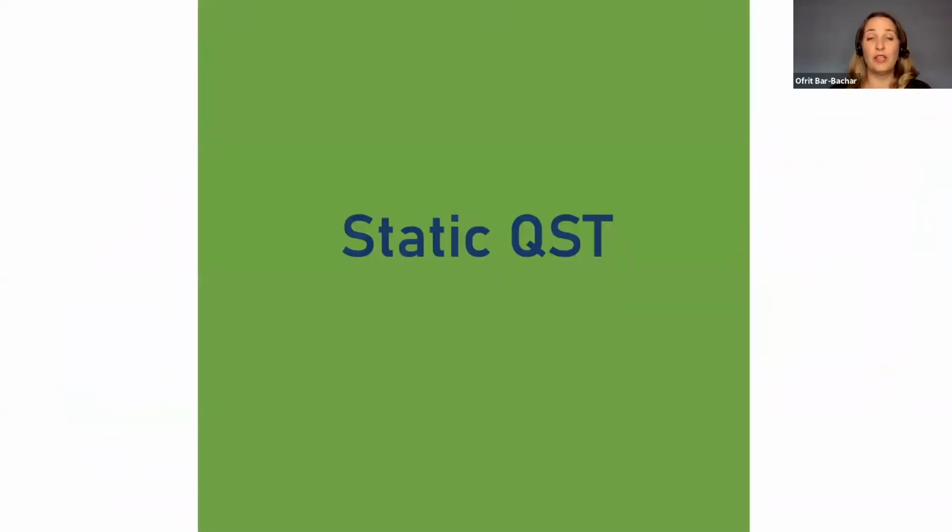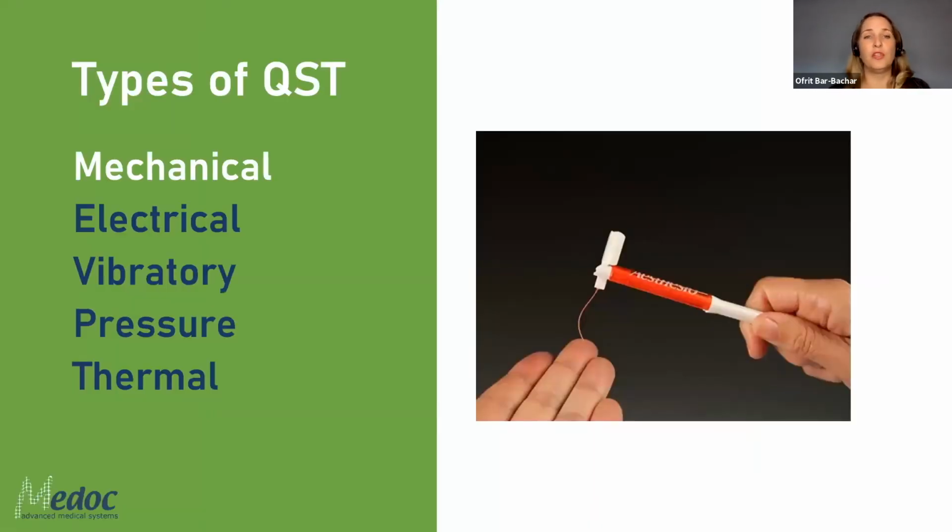Let's go a little bit into static QST. When you speak of static QST, we speak of a simple test in terms of stimulus and reaction. In static QST, we usually try to say something about the function of the peripheral nervous system. There are different types of QST. For instance, there's the very well-known von Frey monofilaments or the pinprick in mechanical QST.